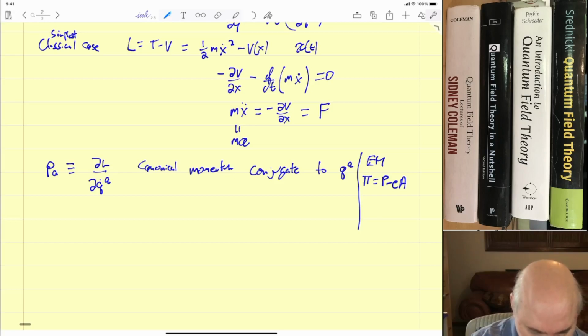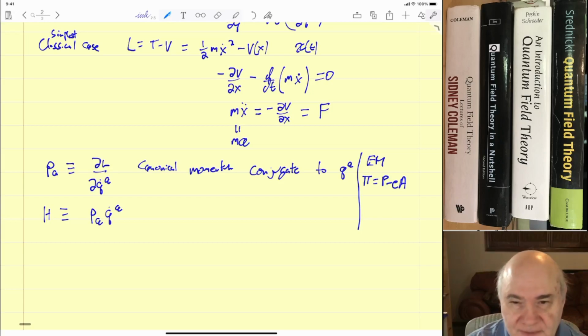So we form the Hamiltonian. This is defined as p_A q dot A minus L. Now you might notice I'm putting indices up and down all over the place. They really have no relevance, but I'm always using the Einstein summation convention, and with it you always want one up and one down.